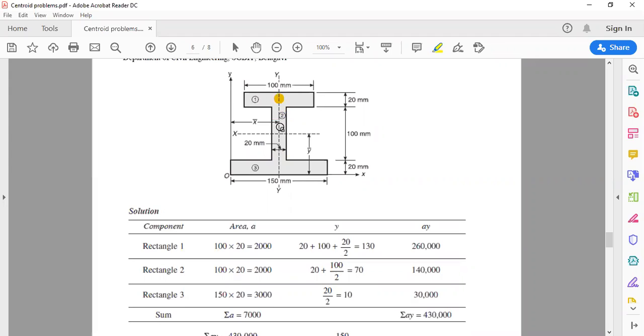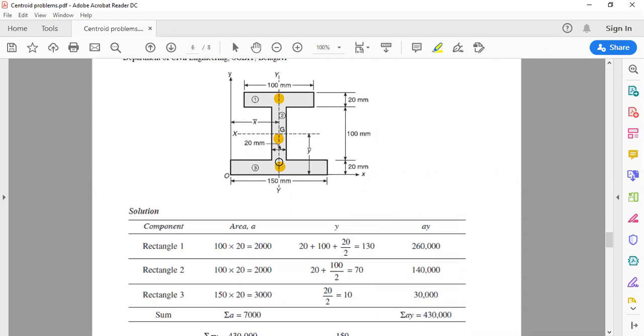So first one, the second one, and the third one. So these 3 points indicate individual centroids. The next thing, see if there is any axis of symmetry available in the diagram.